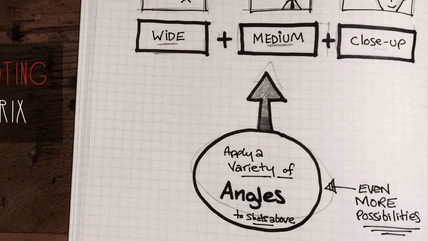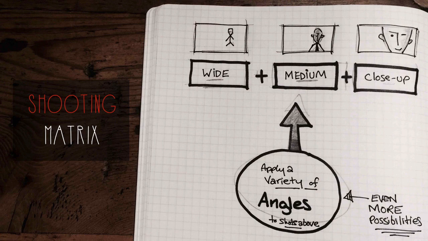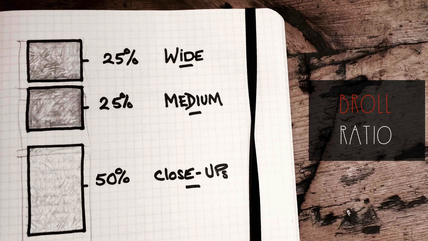So get lots of different angles. The building blocks you've got, the shooting matrix, you've got wide, medium and close-up. And then when you apply different angles to these wide, medium and close-ups, you've got a combination of all kinds of different shots you can make. Which then leads us on to, now this is just a guideline, I highly recommend it. This is something that a lot of video journalists use.